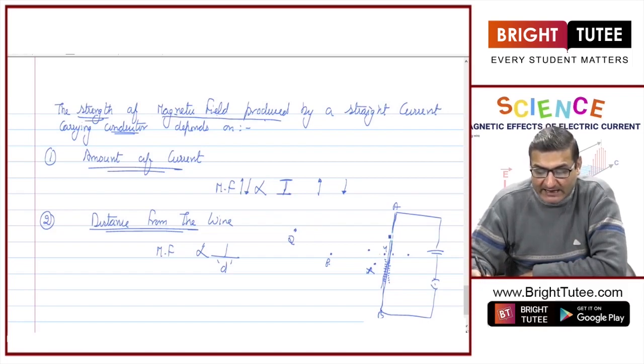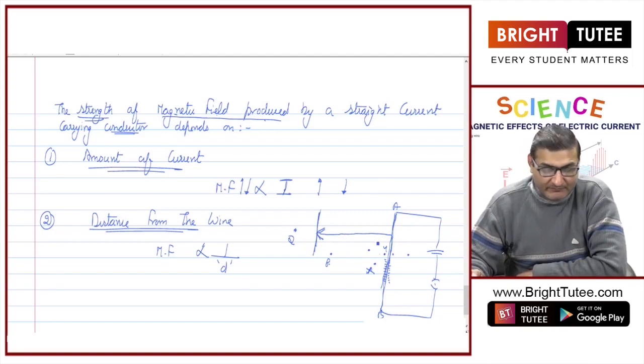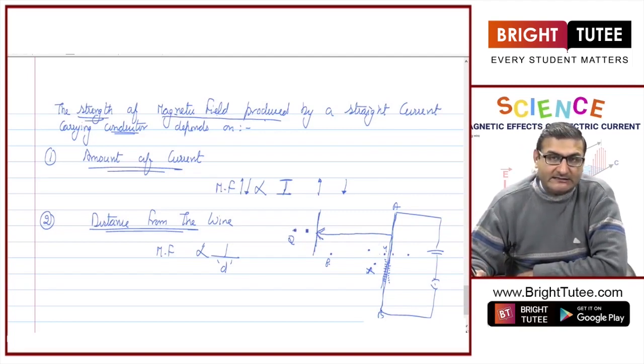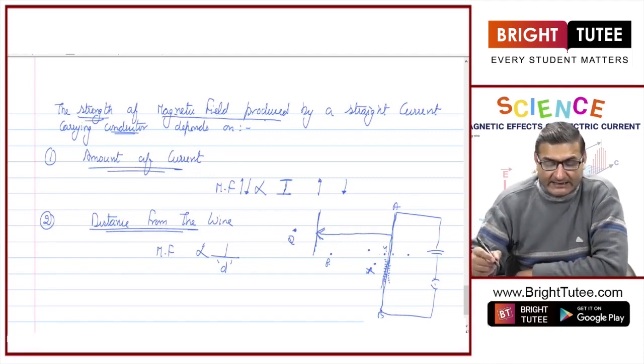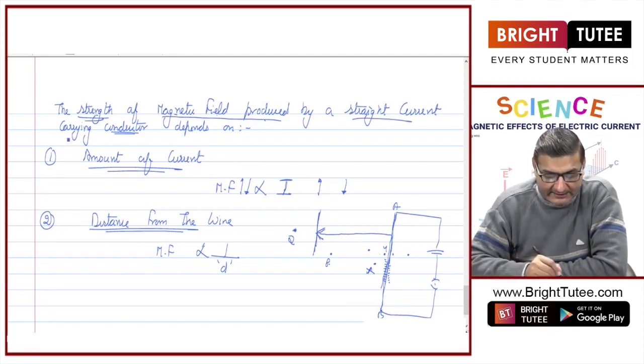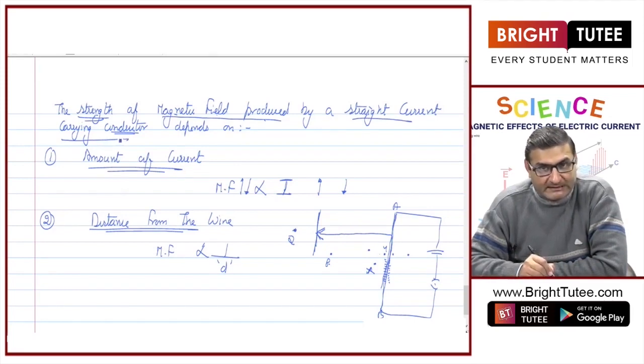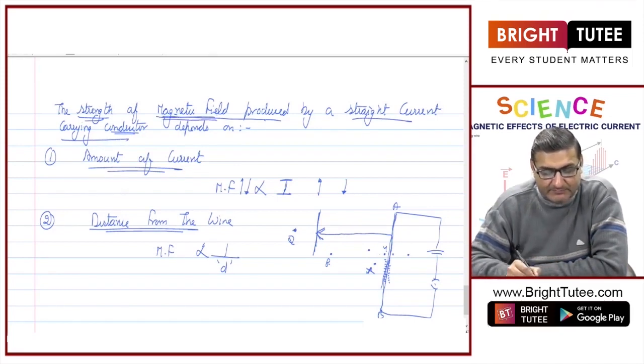Why? Because as I am going away from this wire, the magnetic field is decreasing to a certain extent. Probably if the effect is felt up to here, then after that point there will be no deflection in the compass. So I conclude that in a straight current carrying conductor, on passing current, a magnetic field is produced.